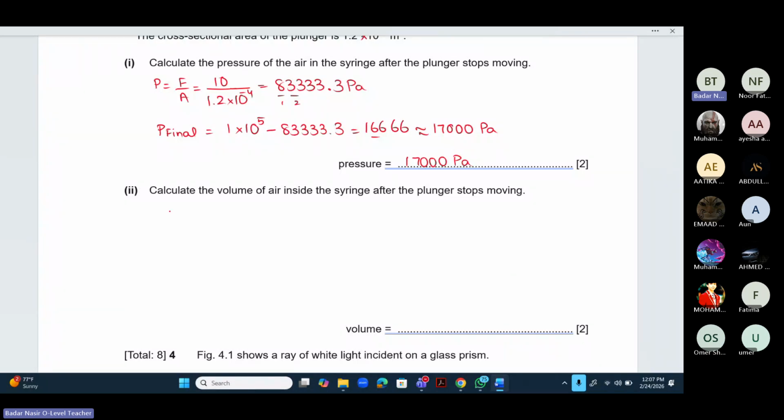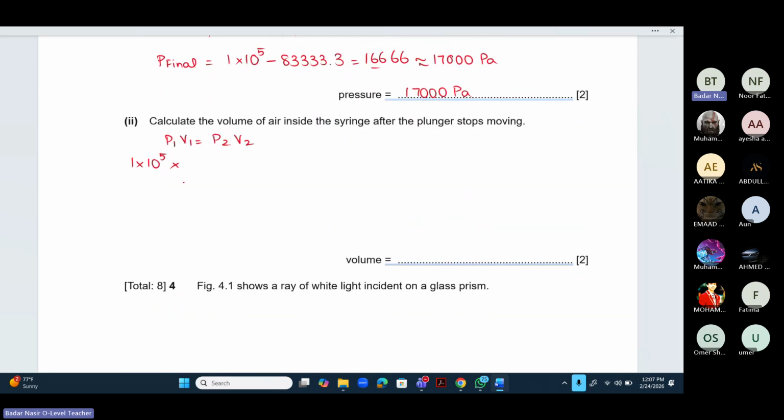So we use the Boyle's law equation, P1 V1 equals P2 V2. What is the initial pressure? Initial pressure was 1 into 10 raised to the power of 5. Initial volume is 50 cm cubed. The final pressure that we calculated is 1.7 into 10 to the power of 4, and the final volume is to be calculated.